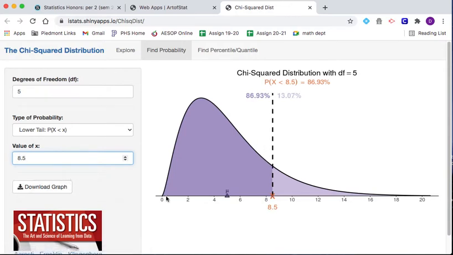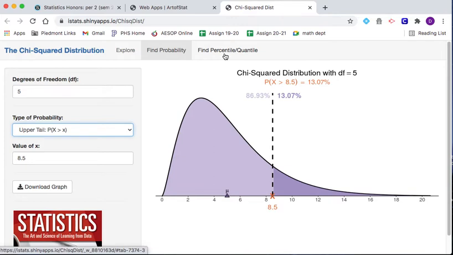This will show you, here at 8.5 with 5 degrees of freedom, notice the average is at 5, and for a chi-square of 8.5, that would have a p-value of about 13.07, or you could look at the other side of the curve, lower tail or upper tail, which is usually our p-value. So this gives you a nice way of looking at the p-value.